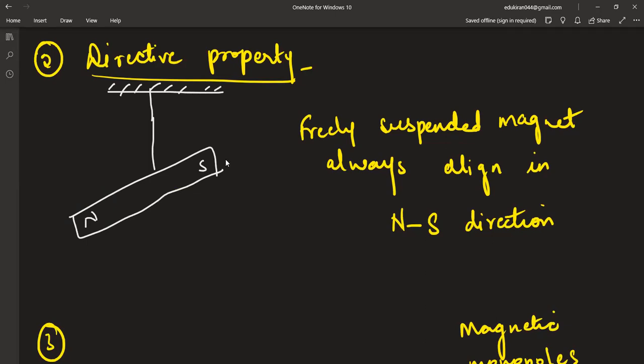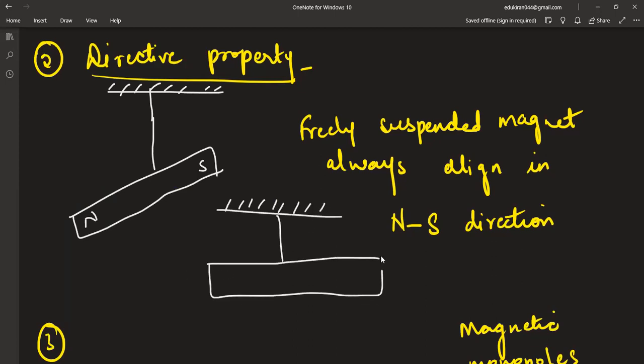As I leave it, after a while I'll notice that this bar magnet is properly aligned in the north-south direction like this. This is also one property which we call directive property. Along this direction, it will arrange itself. In the starting, it will be like this. You will tie it. It will be like this. After a while, this will look like this.